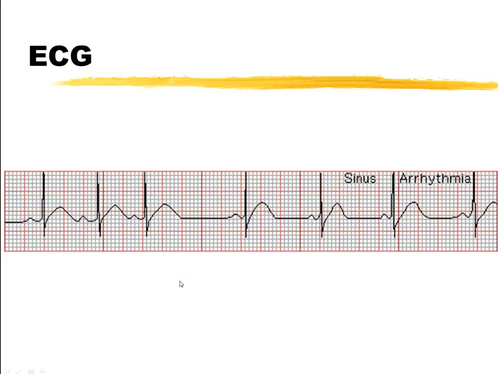Now, right here, what I want to do is show you an easy way to figure out if these are regular. You can get yourself a caliper, and it has little points on it, and you can put one point here, one point there, and then you can move that distance to the next one. You see that it's smaller here than over here. Or else you can just get a piece of paper.